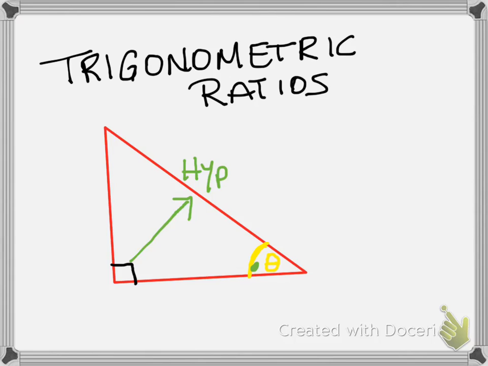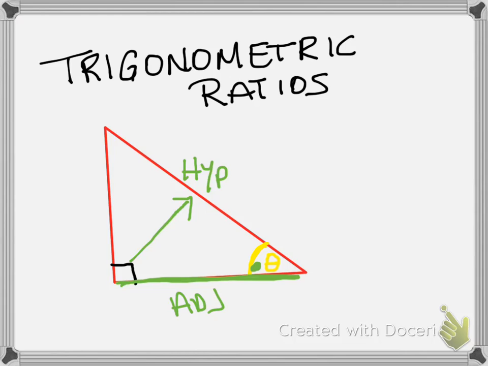So if we're given this yellow angle, we want to know whether this side is adjacent or opposite. Well, what does adjacent mean? Adjacent means next to. Is this side next to our angle? It is, so that's the adjacent side in this particular example.